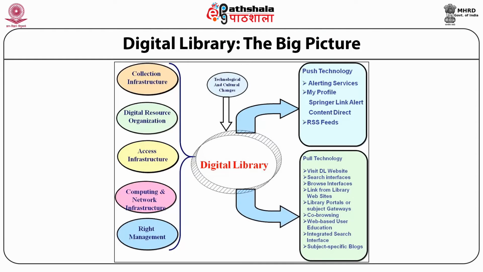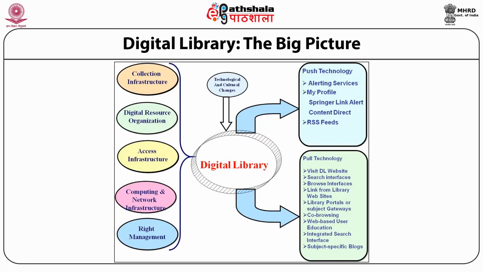Let's now have a look at the big picture of a digital library as shown in the slide. Establishing digital library resources and services requires a great deal of infrastructure components that are not available off the shelf as packaged solutions. There are no turnkey monolithic systems available for digital libraries.